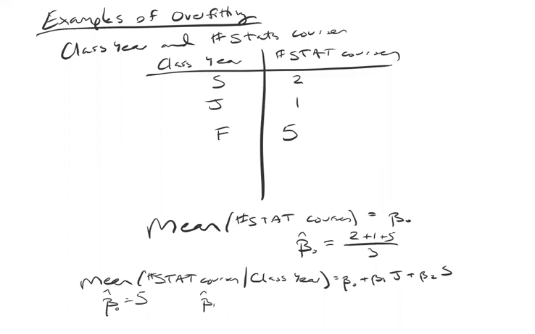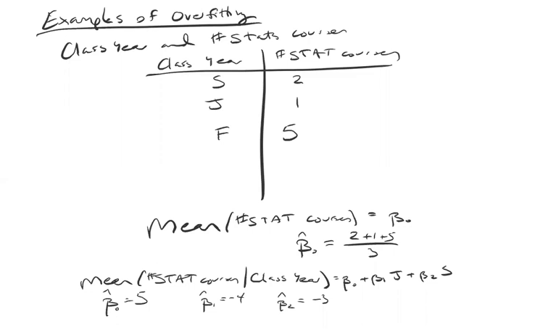Beta 1 is going to be the change in number of stat courses when you go from a first year to a junior. But looking at this data set, I have to go from 5 to 1, so I need a negative 4 here. And for beta hat 2, right? Let's see, that's the difference in number of stat courses between a first year and a senior. So I need to go from 5 to 2, so it's going to be a negative 3. Okay, so all I did was estimate those parameters the way we have been doing previously.